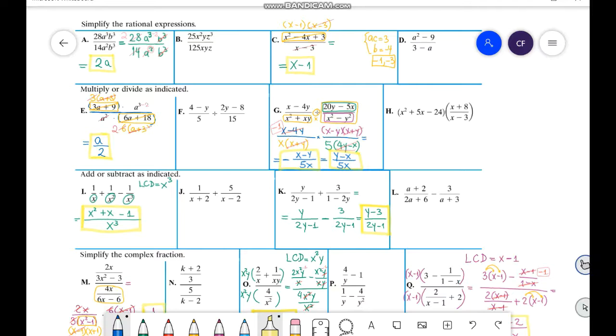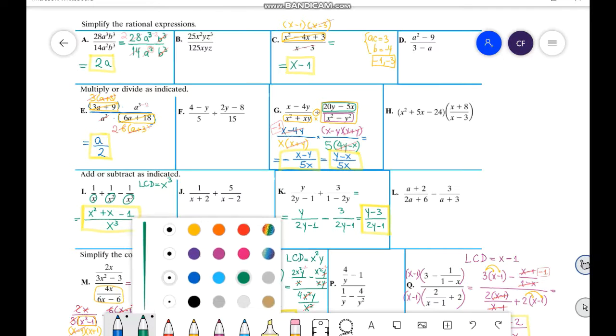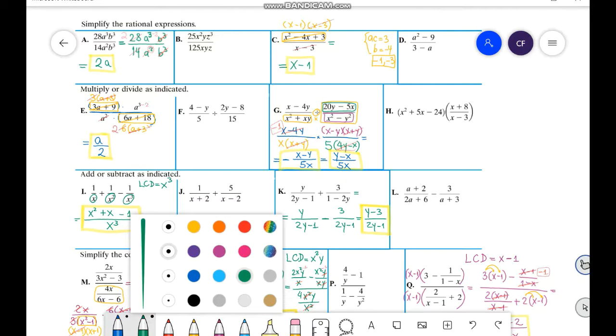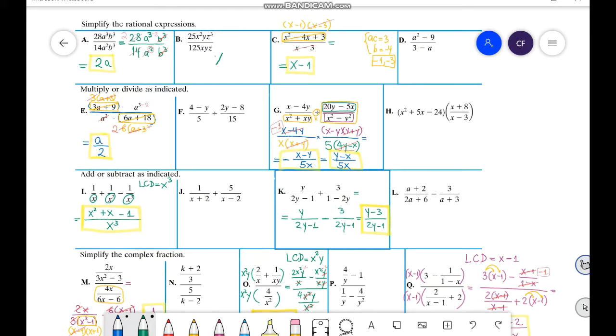Letter B. Just change one thing here. Okay. Letter B is xc squared over 5. Letter D, negative a minus 3. Letter F, negative 3 over 2. Letter H, 3x plus 24.